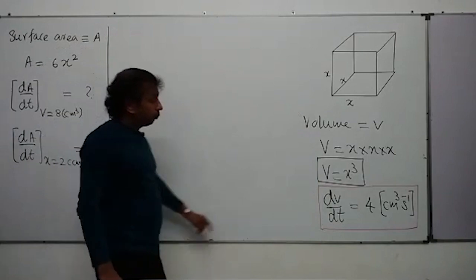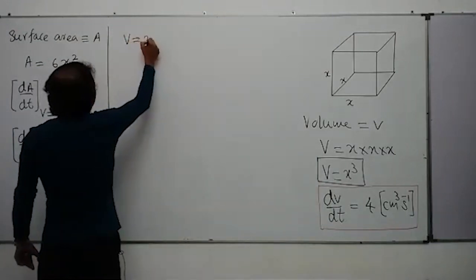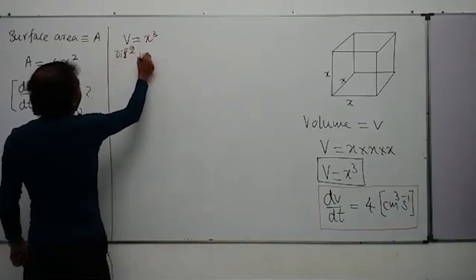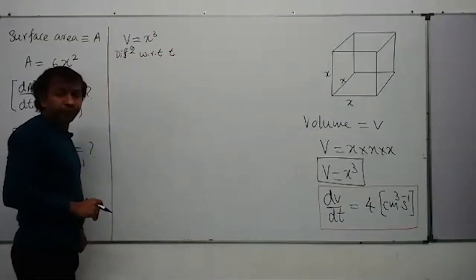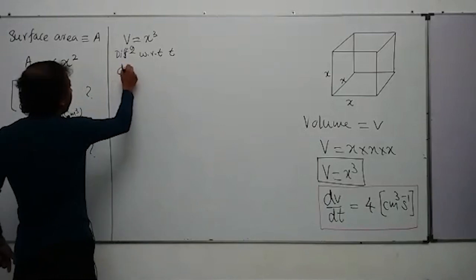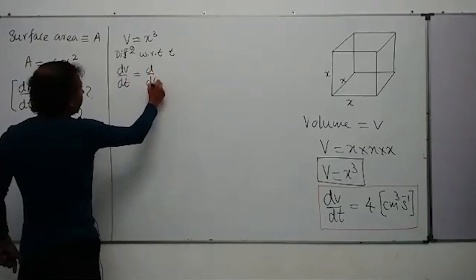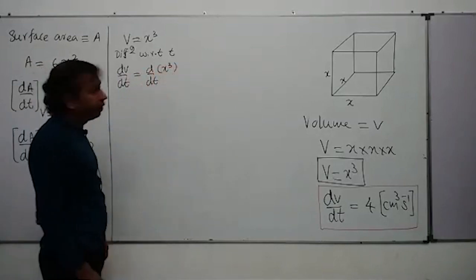I'm going to take this V equals x cube and differentiate with respect to t. T means time. When you differentiate V with respect to time, on the left hand side we get dV by dt. On the right hand side we get d upon dt of x cube.